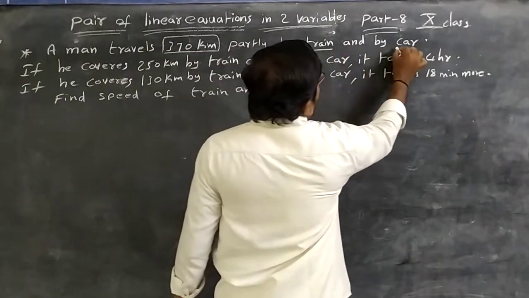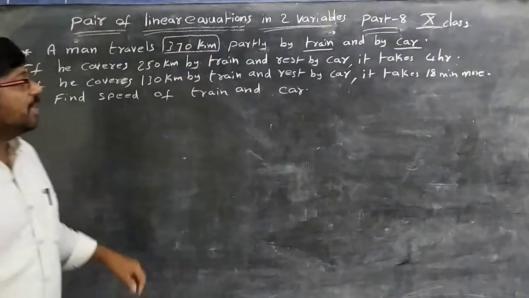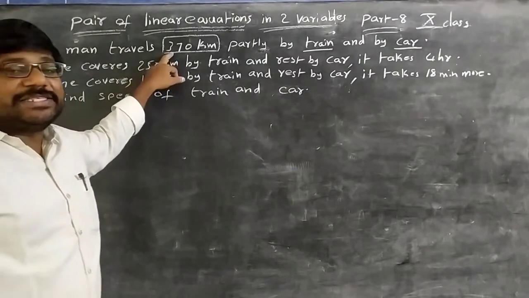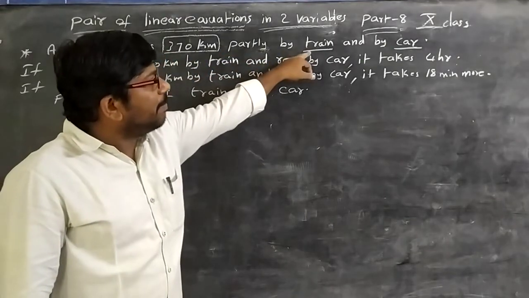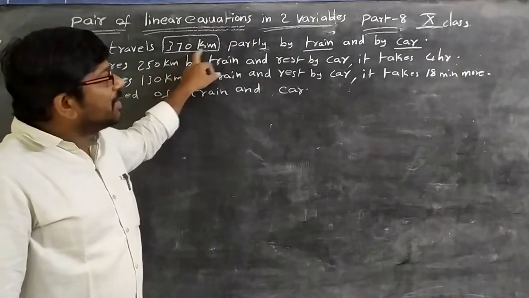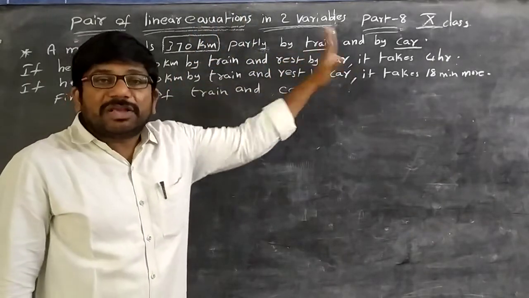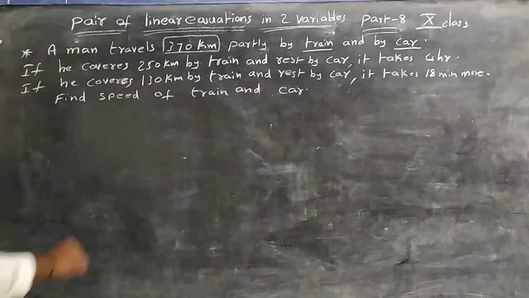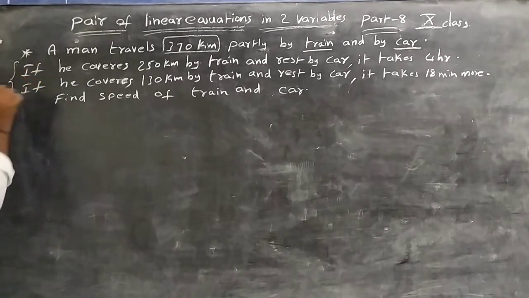Some distance by train and some distance by car. And they have given two conditions: the first condition and the second condition.